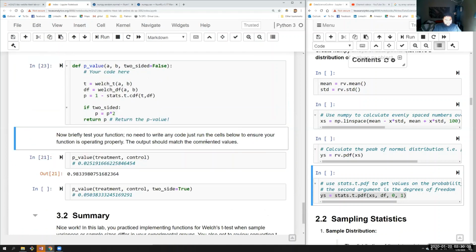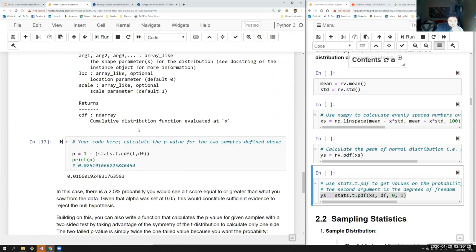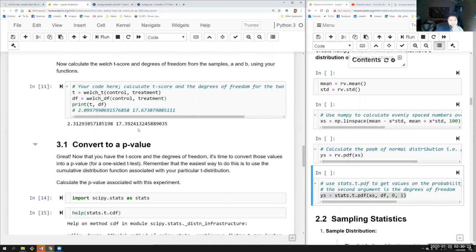But that still should, I don't know why that's doing that. Treatment control. Why, oh why? That makes no sense because it should have been the same.